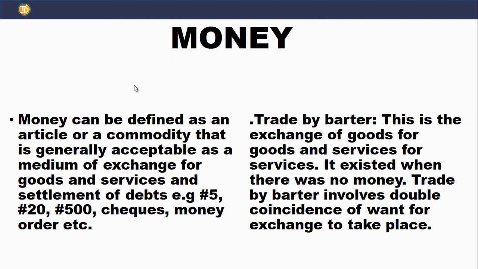So whoever presented that document will pick the item kept by the goldsmith. The document that the goldsmith gives to people, people were exchanging it for goods and services. So people came up with an idea that let's have something like the goldsmith's document that we can use to exchange for goods and services and settlement of debt. That was how money came into existence by the Goldsmith School of Thought.